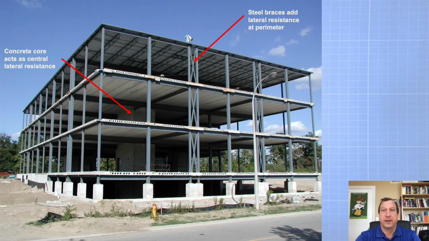Here we see an example, in this building, also in Waterloo, where I know structurally it's been designed to take advantage of not just the lateral resistance at the perimeter X braces, but also the core hidden in behind. And so the core is near the middle of the building, contains the emergency exit stairwells and elevators.